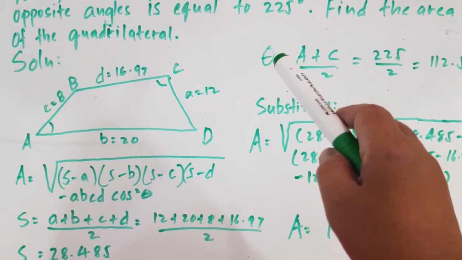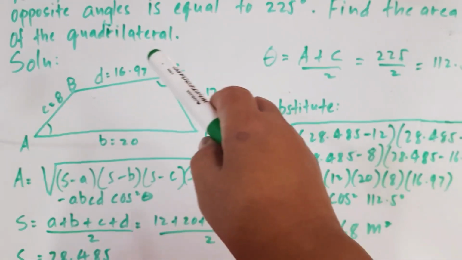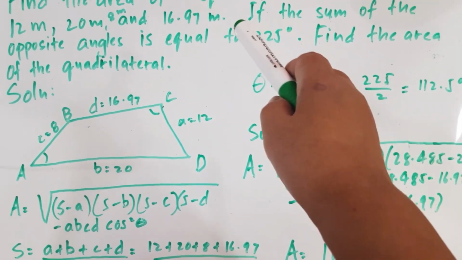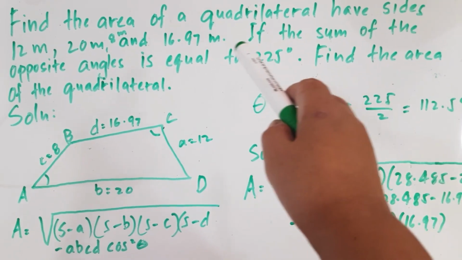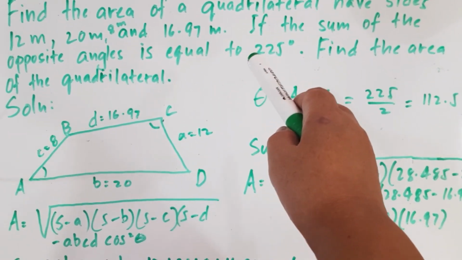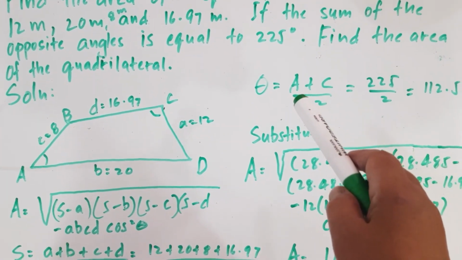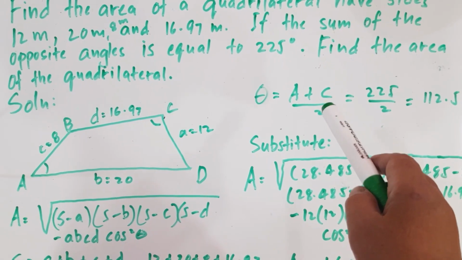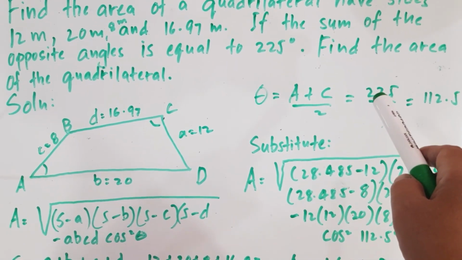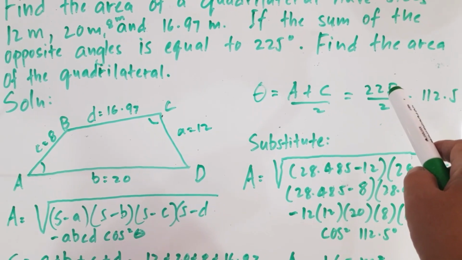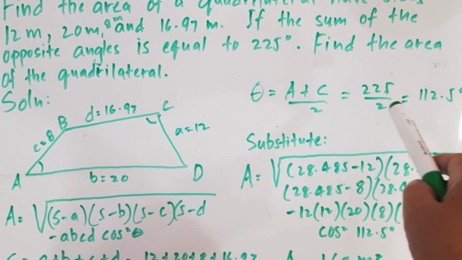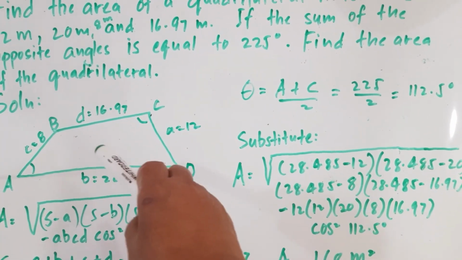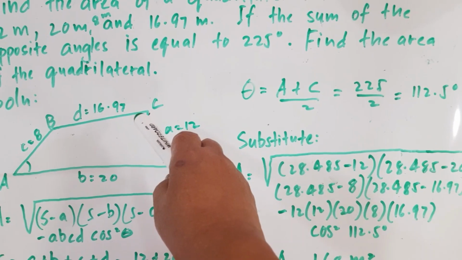Theta, which is A plus C divided by 2, is equal to, as given in the problem, the sum of the opposite angles, 225 degrees. So angle A plus angle C divided by 2 is equal to 225 degrees divided by 2, which is equal to 112.5 degrees. So this one is theta and this one is theta.